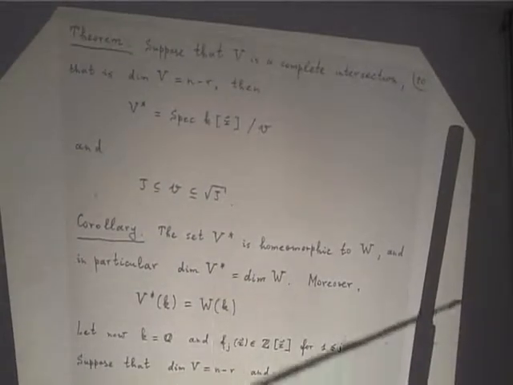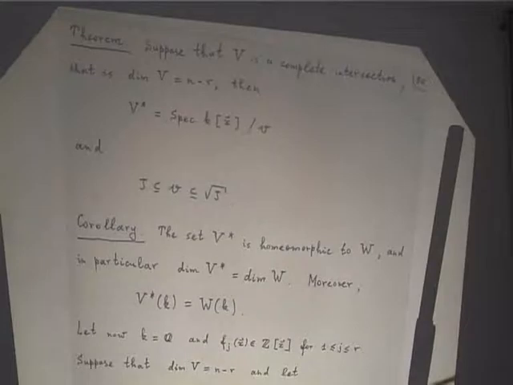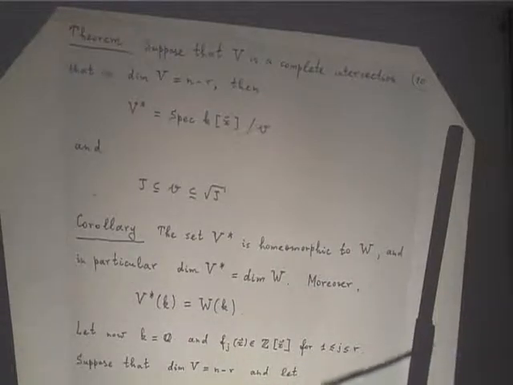You see, these varieties are not necessarily reduced schemes. So the ideal J may have, so to say, zero divisors.